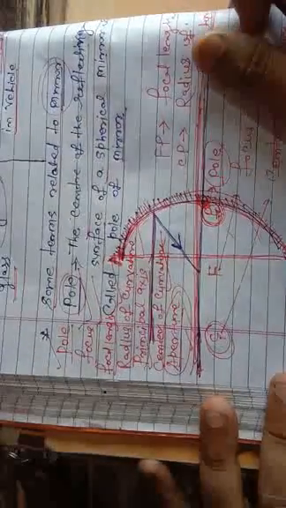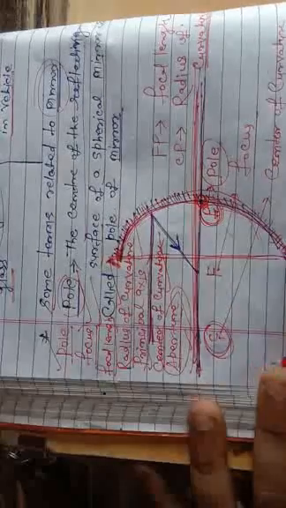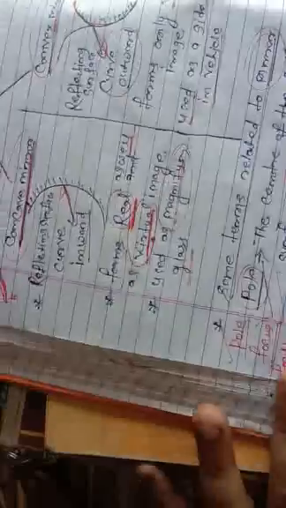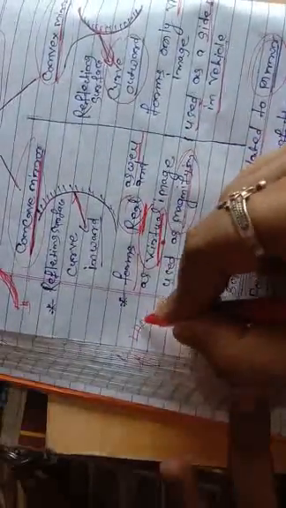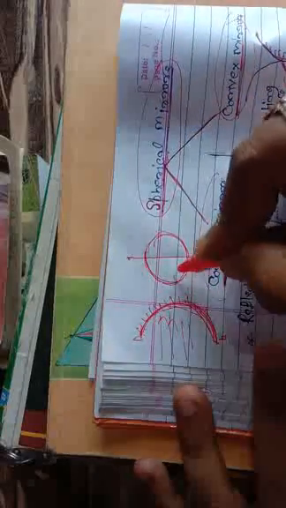Next we talk about the center of curvature. As we know, whether you take the example of concave or convex, both are parts of the spherical mirror. Suppose this is the spherical mirror, and if you divide the spherical mirror along its diameter, then we get two kinds of mirror.